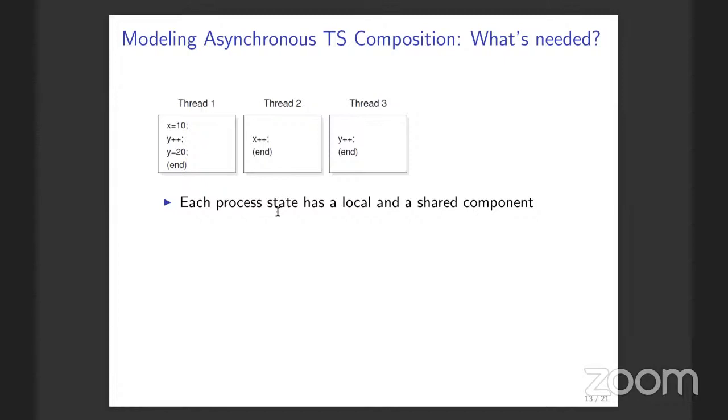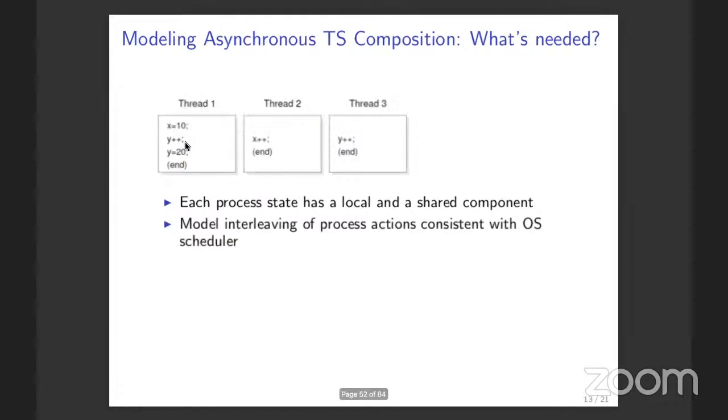So the individual transition system state will have a local component and a shared component. In this particular example, there's no local component because X and Y, the two state components, are both just shared. So we model interleaving of process actions consistent with an arbitrary OS scheduler, okay?